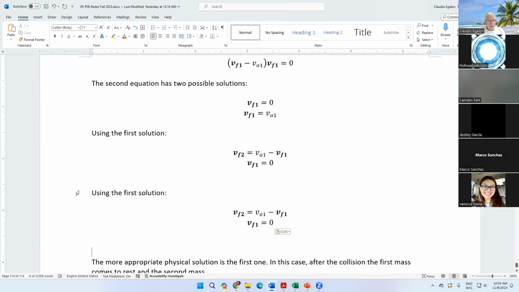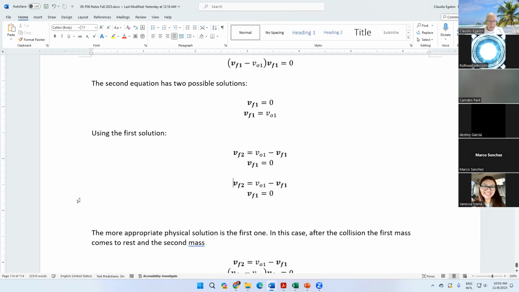What do we end up having? V final one is 0. V final 2 is going to be V01. And the second mass moves with the same initial velocity of the first mass.